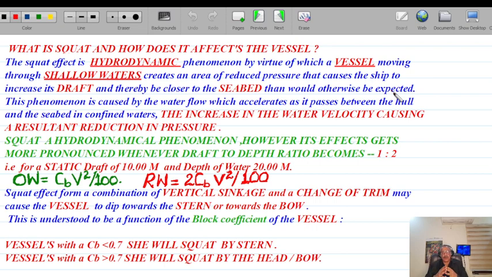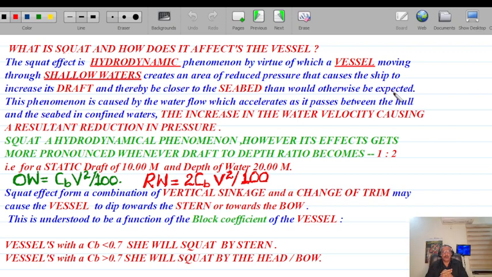The squat has a few elements. One is this phenomenon when the vessel is moving through the water, especially in shallow water, which creates a reduced pressure and causes the ship to increase its draft and thereby be closer to the seabed than we would have expected.